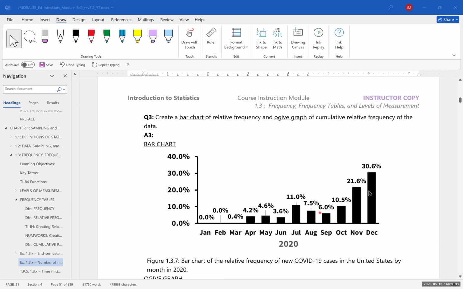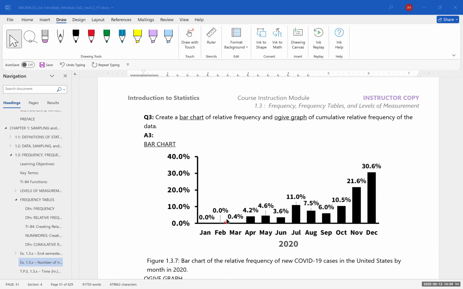Just by looking at this bar chart, you can see that the number of new cases went up in July, came down a little bit and stabilized, and then gradually went up from September to October, to November, and reached its highest in December, where you had almost a third of new COVID cases.